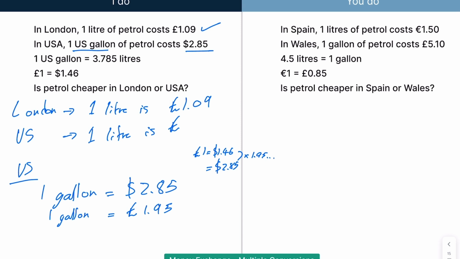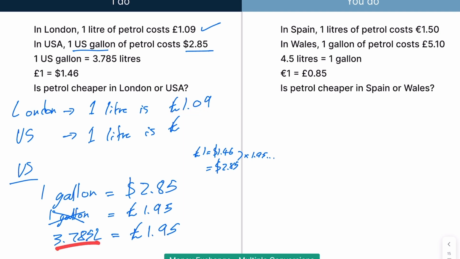Now, how do you convert gallons to litres? We've been told here that 1 gallon is 3.785 litres. So I can write this out again. We can change this bit here. We can almost cross this out and say, well, actually in gallons, this is 3.785 litres is £1.95. We want to know how much 1 litre is, because that's how we're comparing, right? Because we know here 1 litre in London is £1.09.